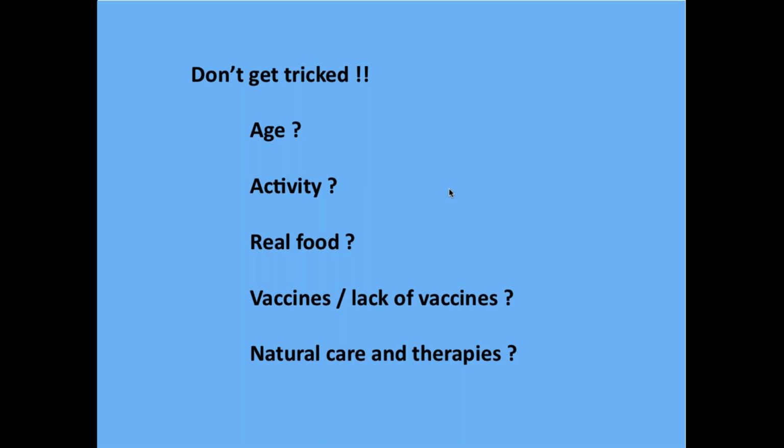We get tricked into thinking that all levels of activity are correlated with vitality, either positively or negatively. Oh, he's been on a raw food diet and his parents were on a real food diet, and that means he's healthy, sometimes they say.